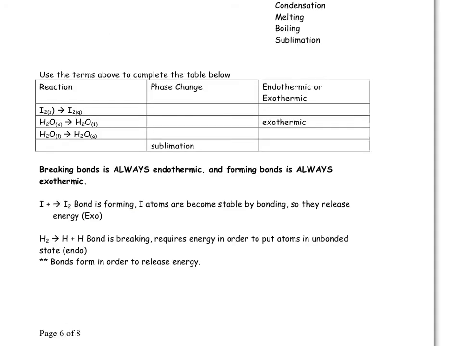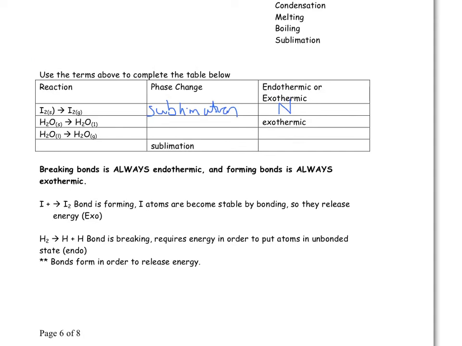In the next part of the review, we're asked to simply complete the chart. So the first phase change is going directly from a solid to a gas. That is called sublimation. Now, if you start with a solid and you want to turn it to a gas, you must add heat. So that's going to be endothermic.